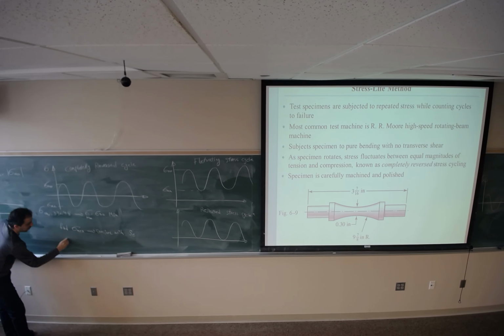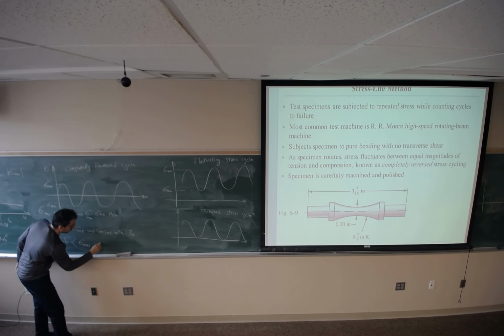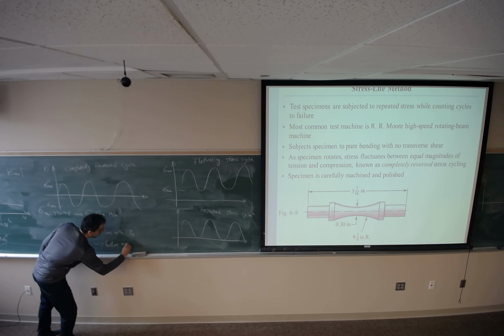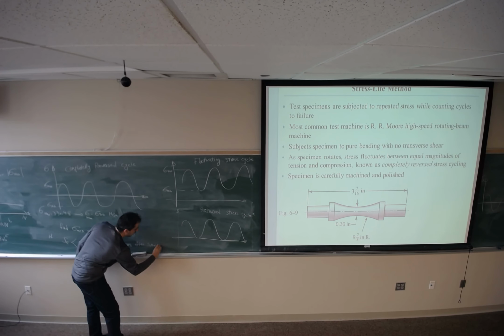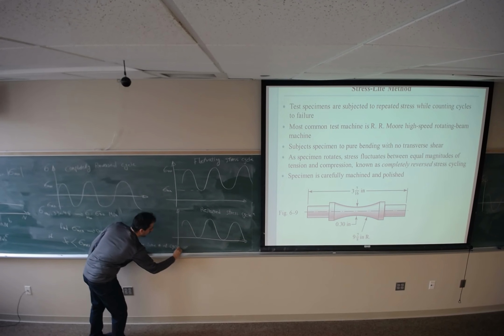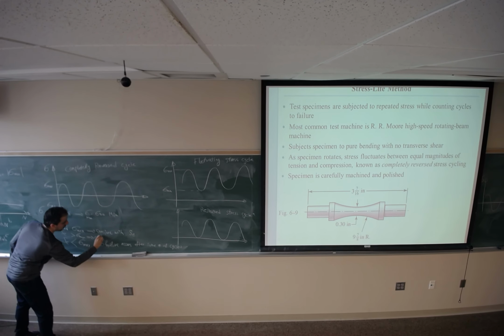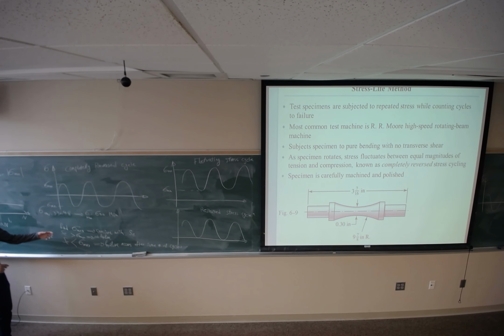You know that if S_e is less than sigma max, or sigma max is greater than S_e, we are going to have finite life, or failure occurs after some number of cycles. And we should be safe if S_e is greater than sigma max: no failure, or infinite life. This is what we did for completely reversed cycles.